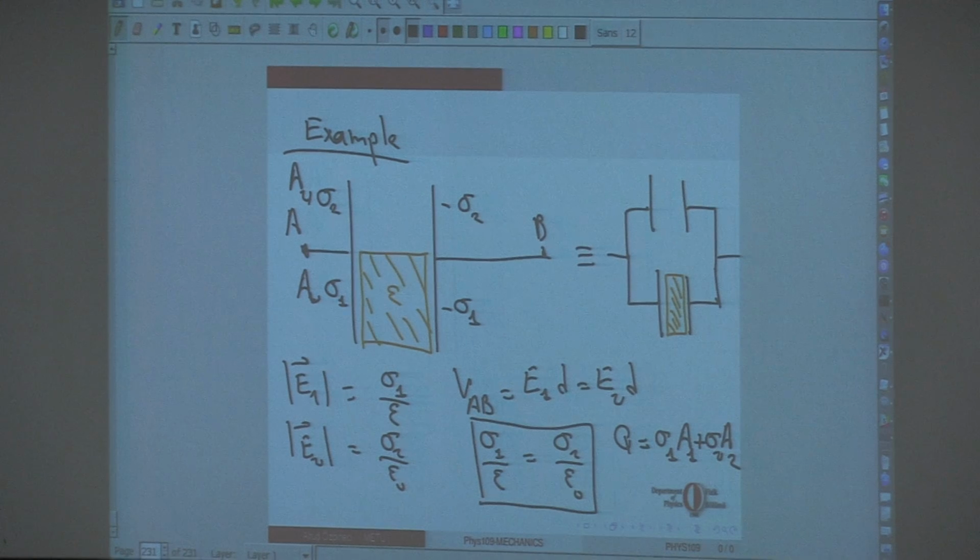Because in a conductor, the charge itself doesn't determine the electric field only, because the electric field has to be perpendicular to the surfaces. So the charges redistribute themselves inside the conductor to make sure that the electric field on the surface of the conductor is perpendicular. So you don't know the charge distribution. You don't know the electric field. You have to solve for both of them at the same time. It will be a complicated problem.